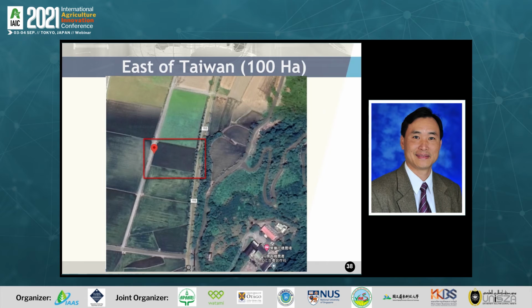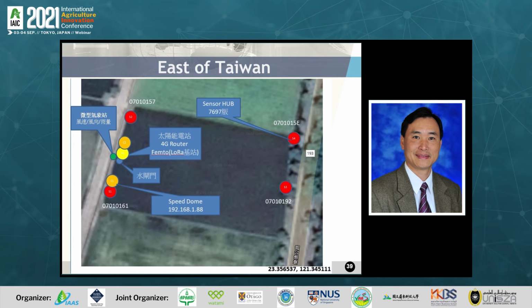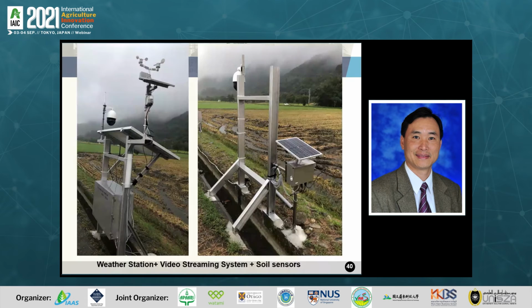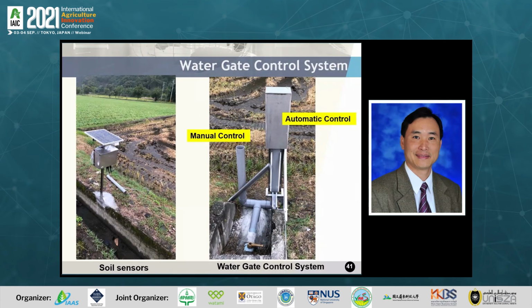Okay, and for the east of Taiwan, we cooperate with a farmer with 100 acres. Also, we install weather stations, solar panel power stations, a sensor hub for the soil sensors, and also automatic water gates in the paddy fields.